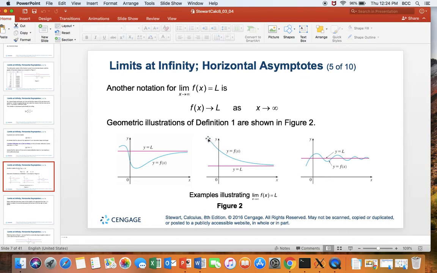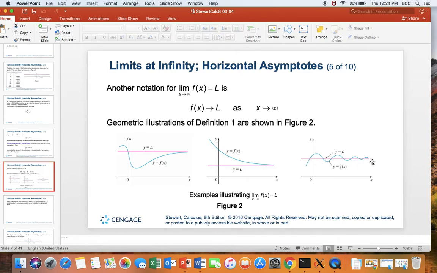This is exponential, so it's coming from some height and then going down, but not going down very much. At L, the height stabilizes. Here is yet another example. Your function is oscillating, but the amplitude is getting smaller and smaller, and you're approaching L.